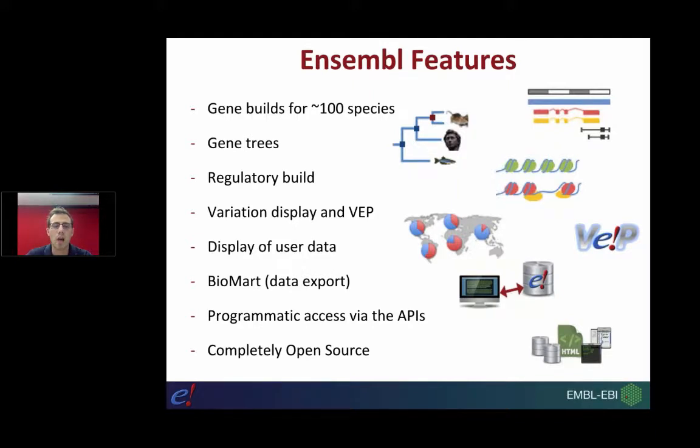And all of this data can be accessed via the web browser, which maybe you've visited before, but you can also access this data on larger scales through Biomart or through our Perl and REST APIs. But the best thing about all of this is that it's completely open source. All of the data that you see in Ensembl is completely free for you to take, use, modify, analyze, and use in your own work. And we really hope that you can do that.